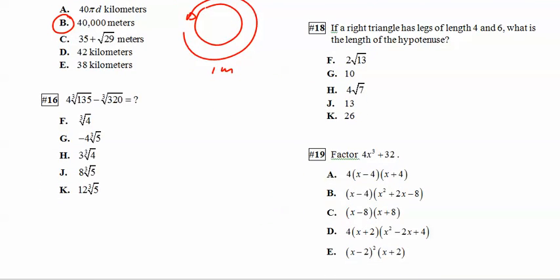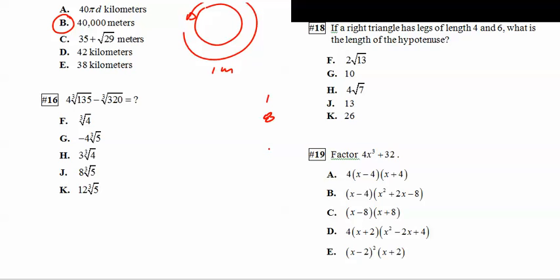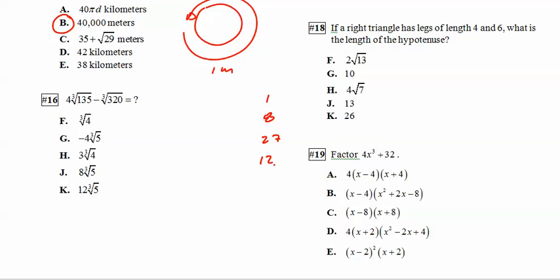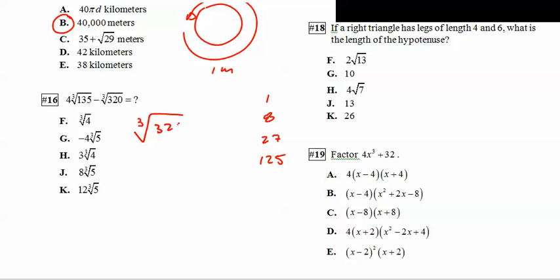Third roots. Tricky. I've got to find a third root. My third roots are 1, 8, 27, 125. And it looks like there are some 125s in here. Possibly an 8 too. So let's see what we've got in 320 here. Well, we definitely got an 8 in 320. Let's do the 320. 8 times, and there are a couple 8s in there.